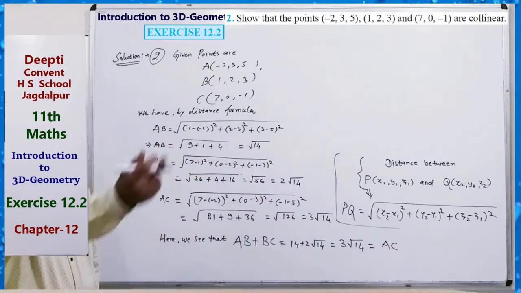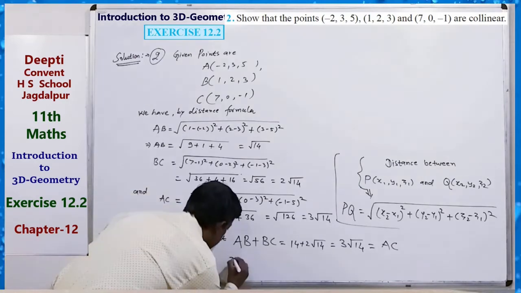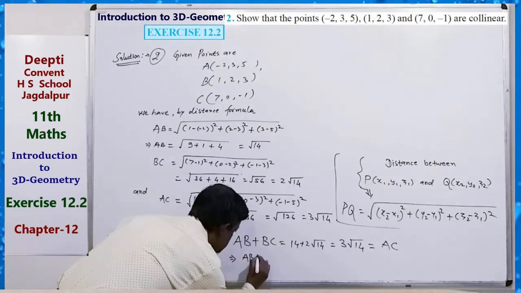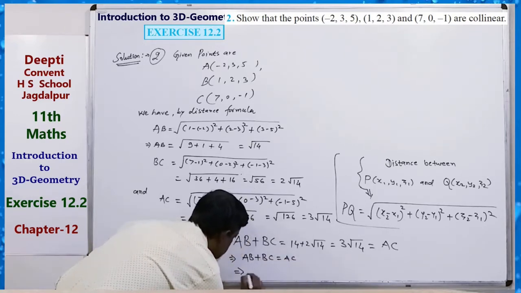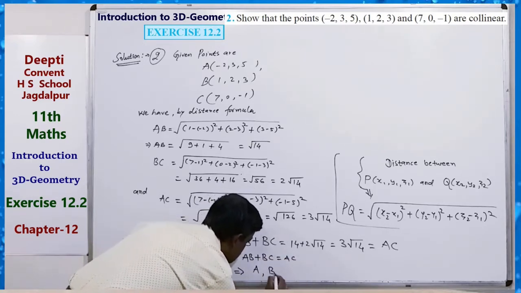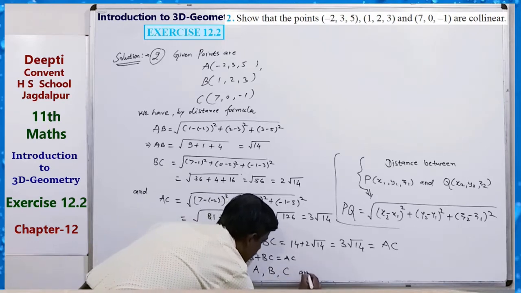AB plus BC equals AC, which implies A, B, C are collinear.